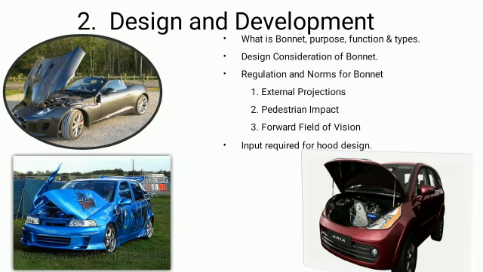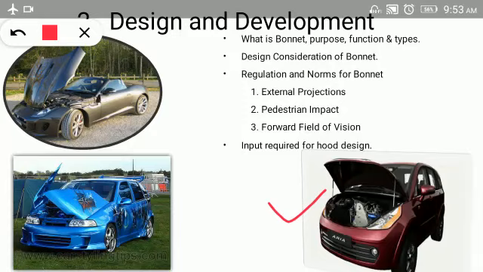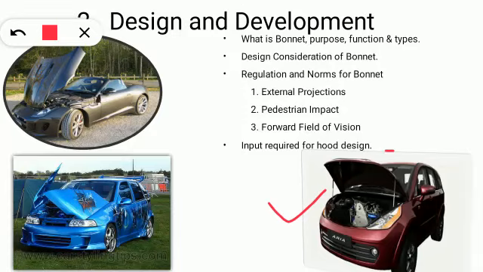As I told you in my previous slide, we have to design the best thing, which satisfies the function and is also good, and based on that you have to develop it. As shown in the picture, this is a simple, regular type of bonnet.